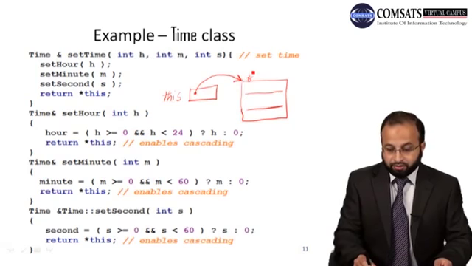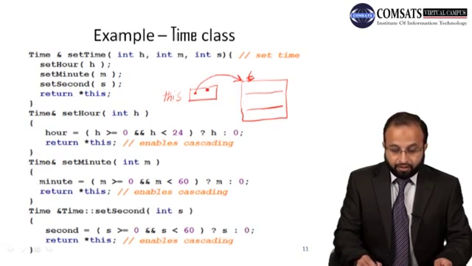Now this is the pointer. Now this pointer is basically a pointer to the object T of class time, right? So why are we returning the reference over here? So this is the pointer.